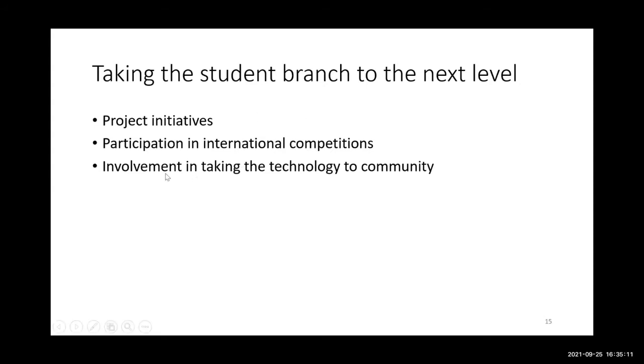And the other thing is the involvement in taking the technology to the community. At the moment, of course, due to the situation, we cannot have gatherings and so on, but we can plan things such that when the opportunity comes, we can start such activities. So there are many things we can do. There are examples on the IEEE websites you can go and see.